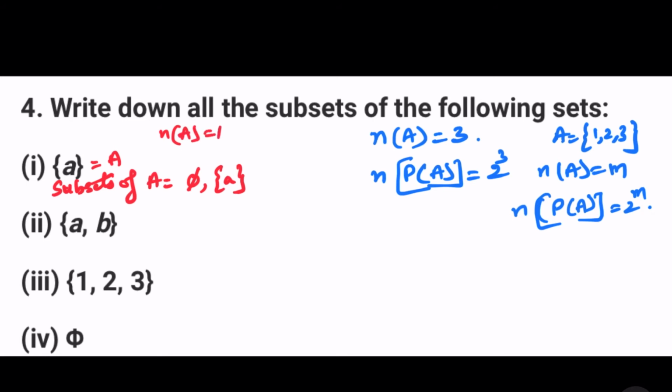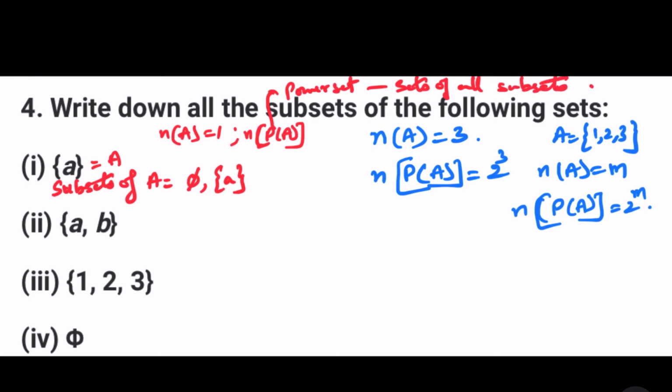The number of elements of the power set of A is written as P(A). This is called the power set. The power set is nothing but the set of all subsets.